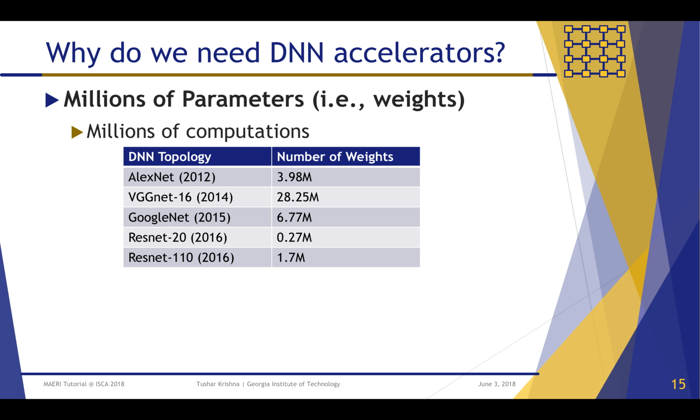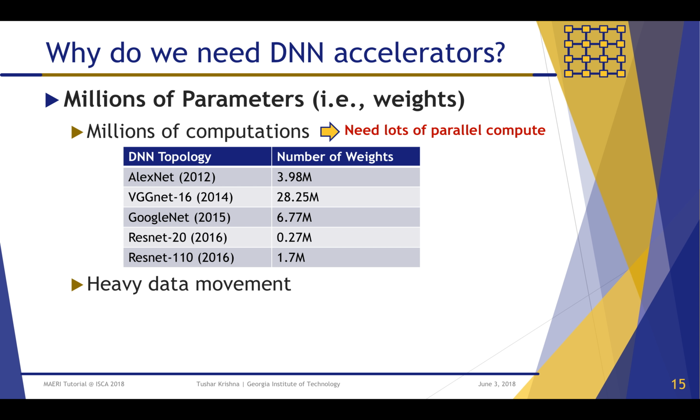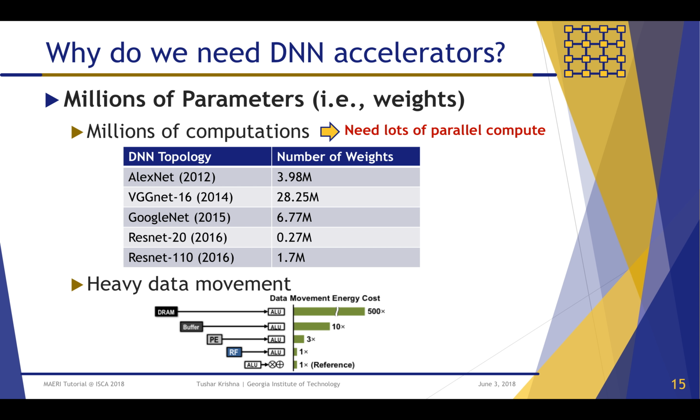You have to perform millions of these if you want to do inference in close to real time, which necessitates a lot of parallel compute. And you have a lot of data movement, because obviously all of this cannot fit on a chip. So there's going to be a lot of data movement from memory to the chip and within the chip. You have to worry about data movement costs at various levels of the memory hierarchy. As computer architects, we're aware of these various costs. All that means you really need to design things that reduce energy, right?